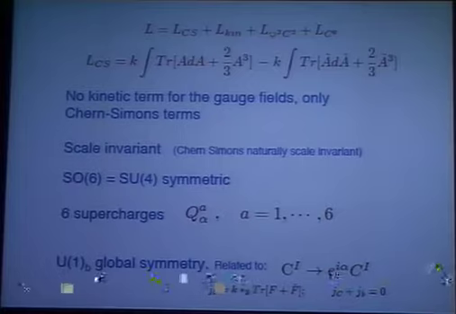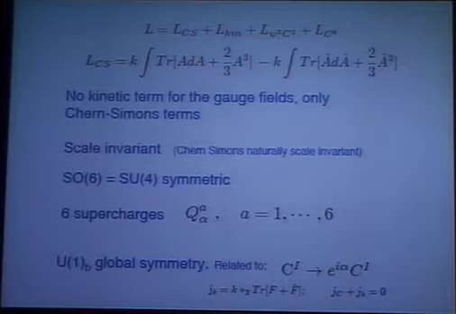So all the terms in the Lagrangian are scale invariant. Of course, the Chern-Simons term is even topological, but the rest of the terms are all scale invariant. So the C field, for example, a scalar field, has dimension 1/2 in 3 dimensions. So C^6 is the scale invariant form of a potential in 3 dimensions.